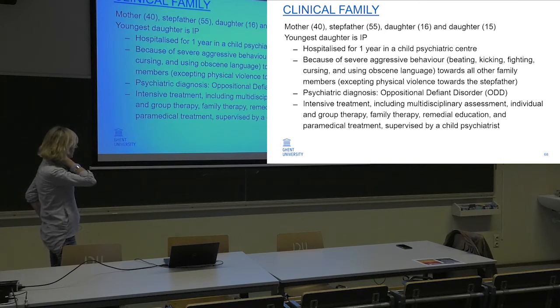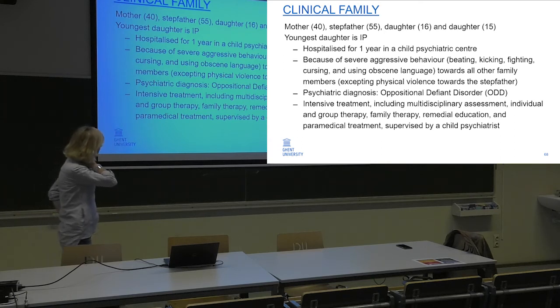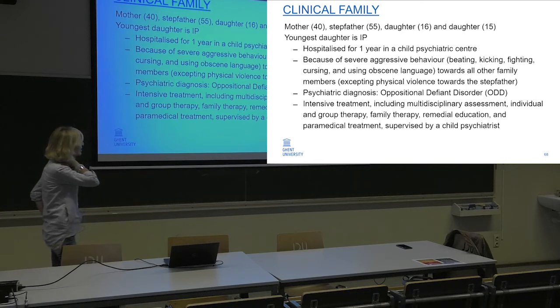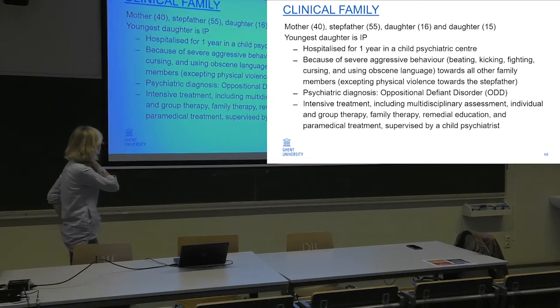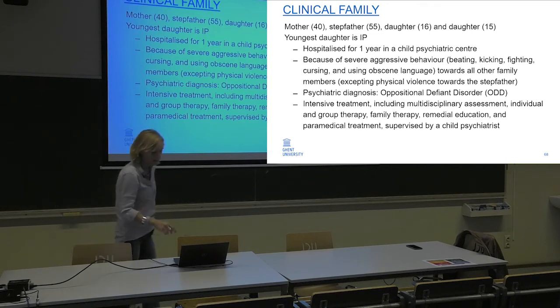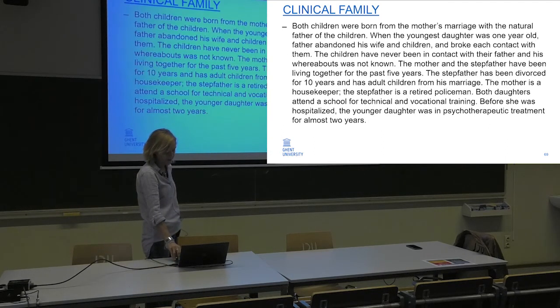The diagnosis was oppositional defiant disorder. There was intensive treatment during the year that she was hospitalized, including multidisciplinary assessment, individual and group therapy, family therapy, remedial education, paramedical treatments, and it was all supervised by a child psychiatrist.